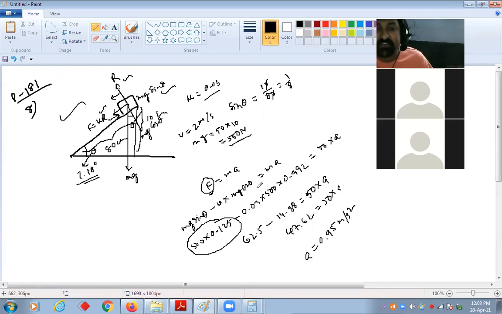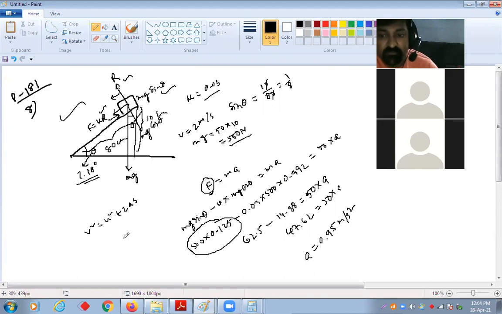So if the value of acceleration is this much, we will get the time and the length also by using this formula: v square is equal to u square plus 2as.